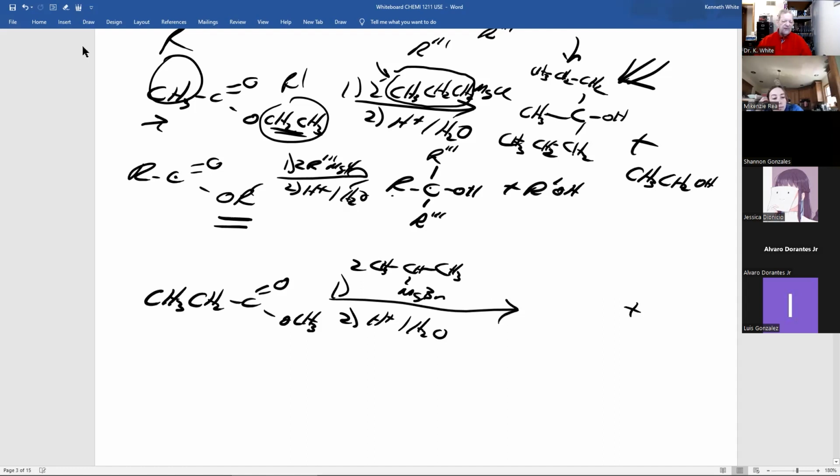And the question is, if you react that molecule, first step that reagent, second step acid and water, what two products do you get? Oh, is this going to be a fun answer? Or pretty really not fun.